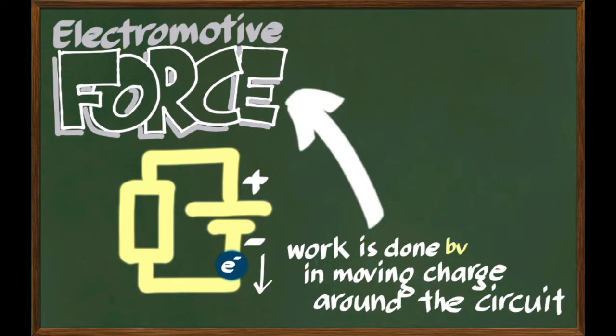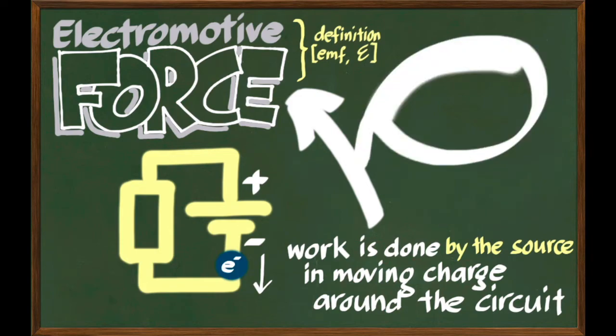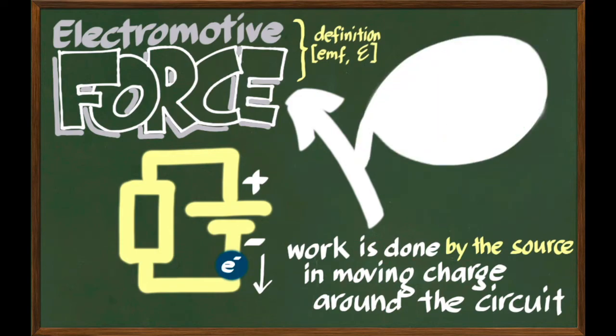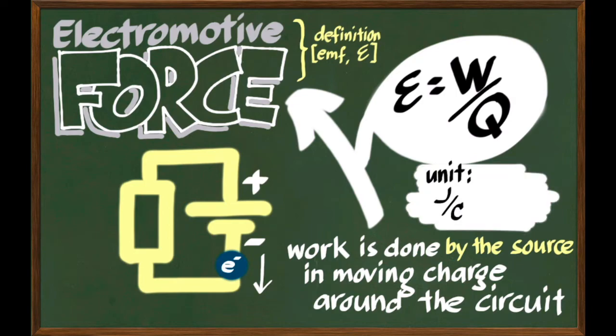The electromotive force as a source is defined like that, with EMF as the usual abbreviation, and this symbol that looks like an E, the lowercase of the Greek letter epsilon. In equation form, the definition becomes EMF, or epsilon, equals W, the work done, over Q, the charge. In this unit, joule is the unit of work and C for coulomb is the unit of charge. The unit J over C therefore is the unit of EMF.